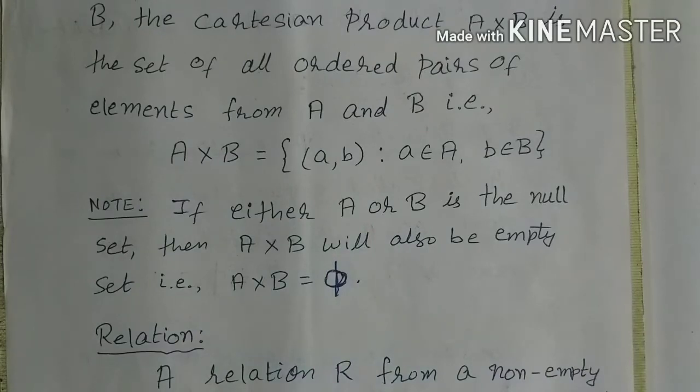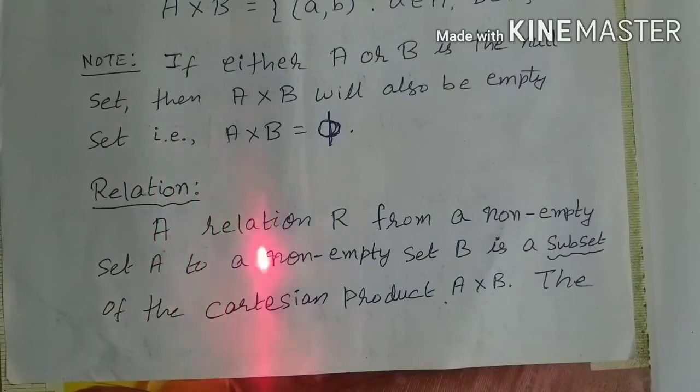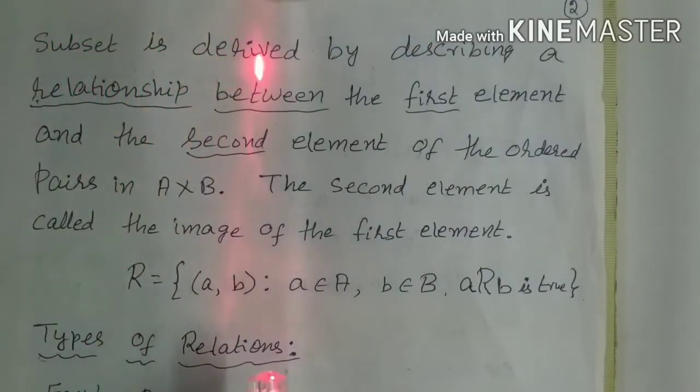Now, let us define what is meant by a relation. A relation R from a non-empty set A to a non-empty set B is a subset of the Cartesian product A × B. The subset is derived by describing a relationship between the first element and the second element of the ordered pairs in A × B. The second element is called the image of the first element.